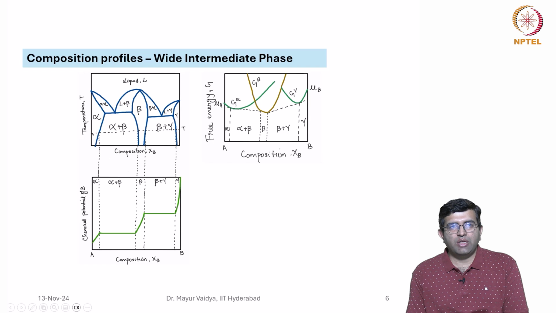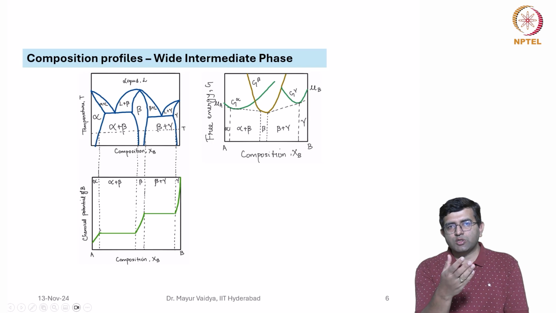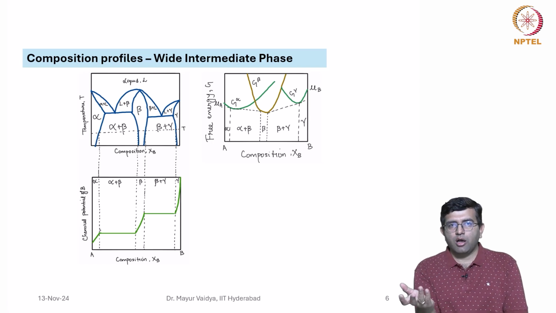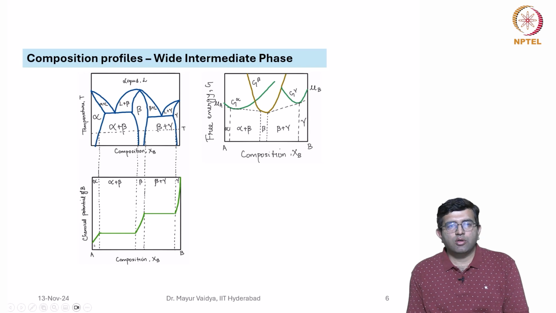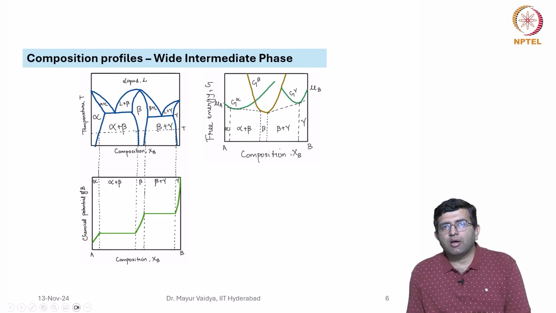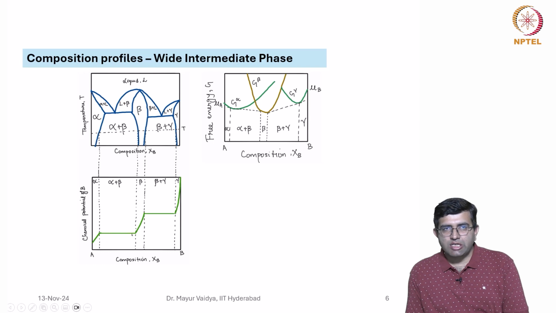initially as the composition of B increases here, the chemical potential increases. Why is it so? We have seen a relation also that chemical potential is directly proportional to the composition. So, here it will increase as the composition of B increases. Here, because there is a two-phase equilibrium, alpha plus beta, you will have a chemical potential which is constant.